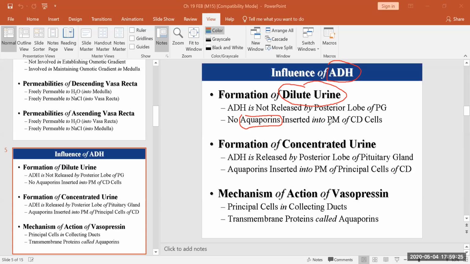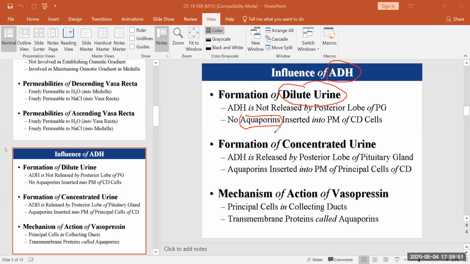So that's why we say PM stands for plasma membrane, CD collecting duct cells, right? So the plasma membrane of these cells will receive these aquaporins. Aqua means water, porins means pores. So these are water pores that get inserted into the plasma membrane and allow water to leave urine, right?